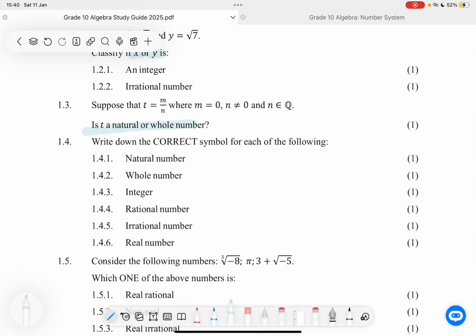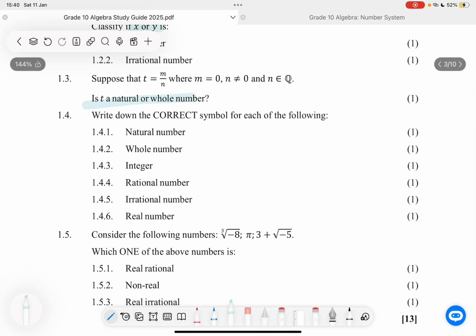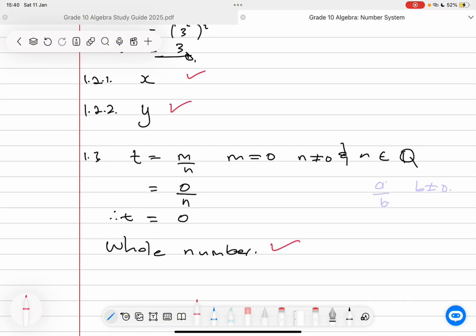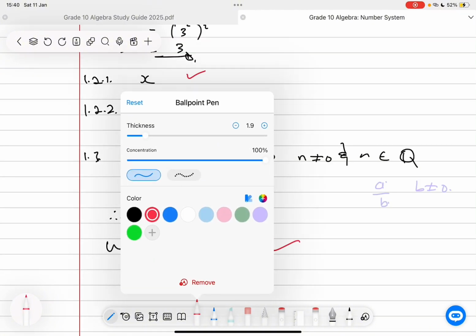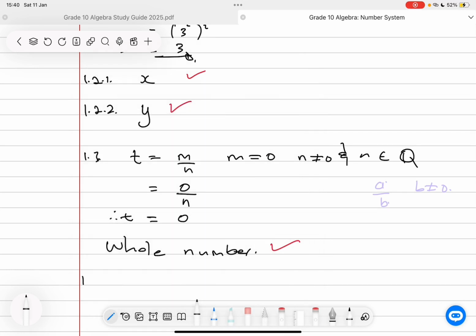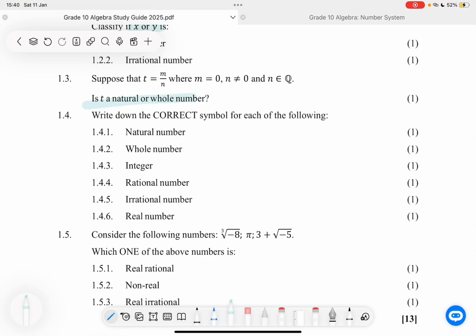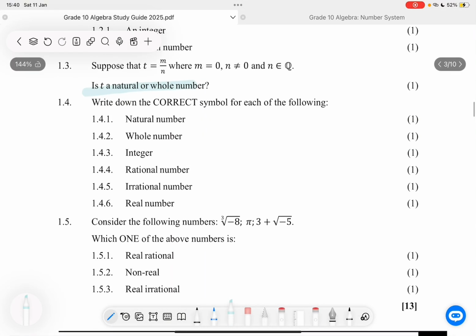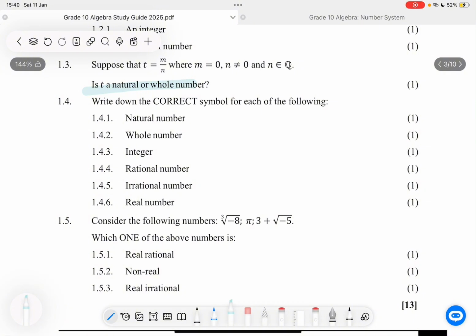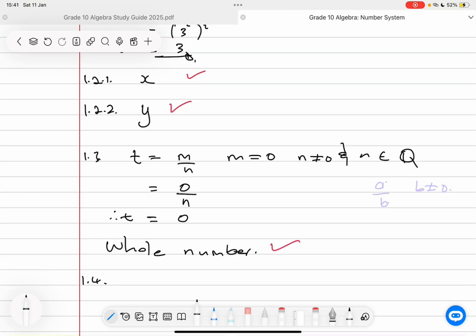Then we go to 1.4. So 1.4 requires us to actually put symbols. They say write down the correct symbol for each of the following. They've given us 1.4.1 up to 1.4.6.